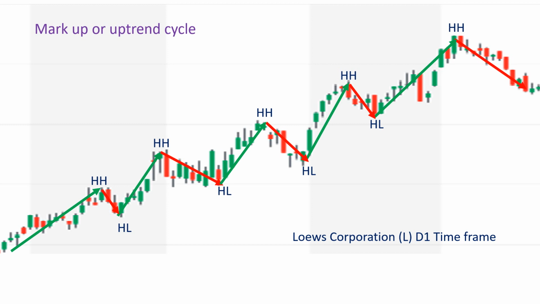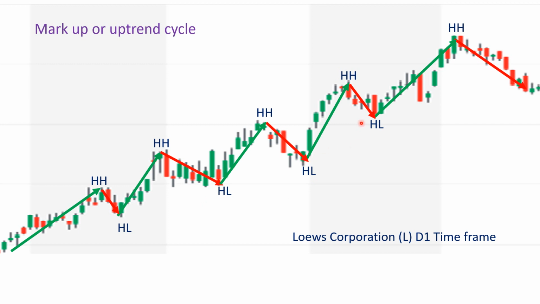Now, at the higher high, the short-term traders and also frequently long-term traders collect their profit and they go short. And we also see lots of traders enter the market where it marks a higher low.